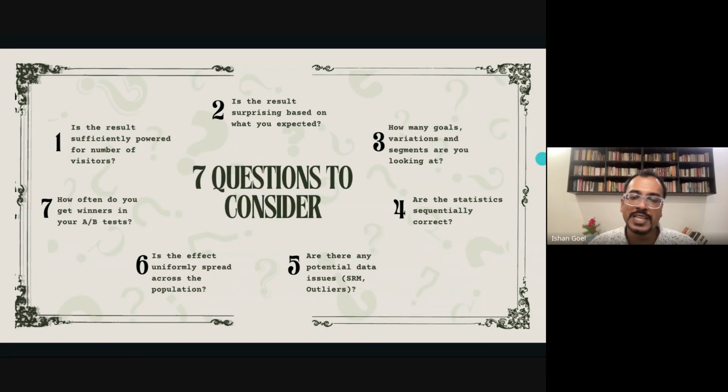The fourth question is, if you are running sequential testing, you should ask yourself: if you are looking at your results midway through the test, if you are peeking at the results, then your statistics should be sequentially correct. There are 2-3 methods to do this that different vendors give you. Most of them are all right. I've done a trade-off analysis of them for a separate webinar, but you should ensure that sequential testing statistics are properly corrected.